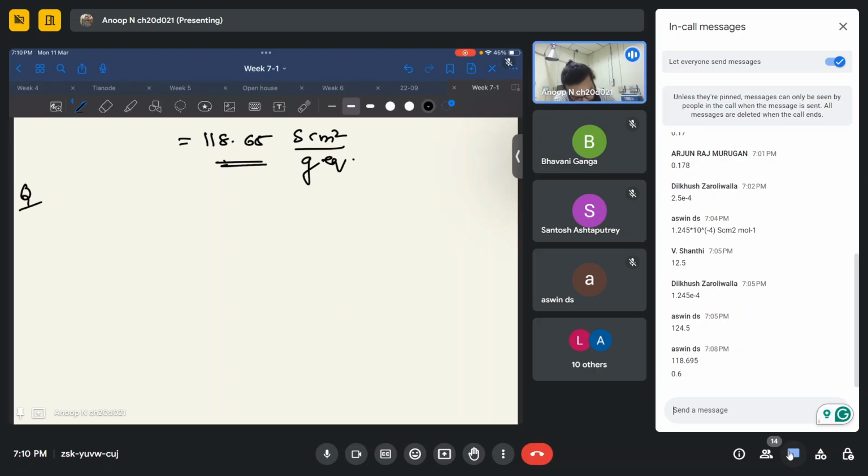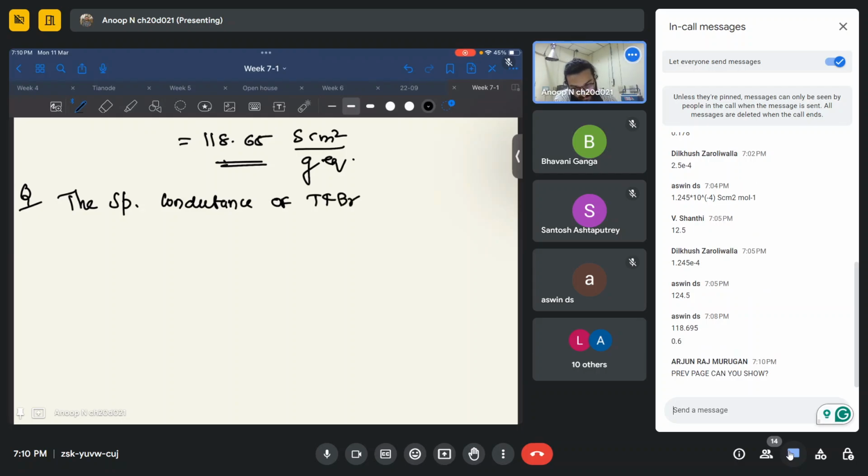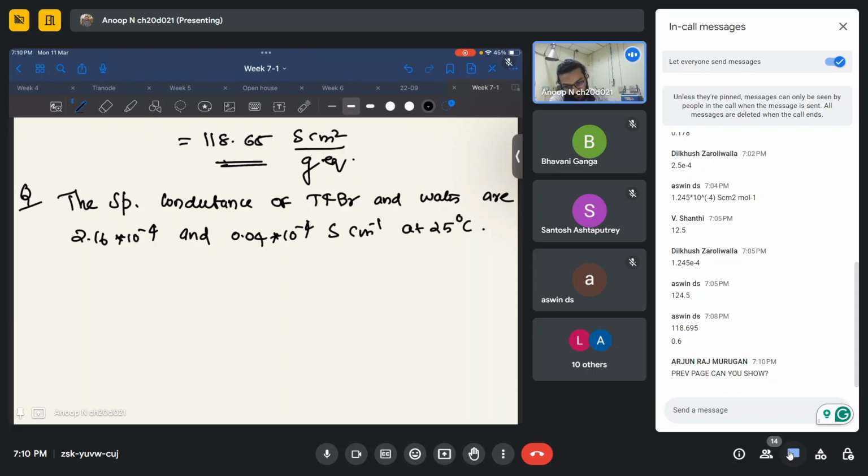The specific conductance of TlBr and water are 2.16 into 10 raised to minus 4 and 0.04 into 10 raised to minus 4 Siemens centimeter raised to minus 1 at 25 degrees Celsius.